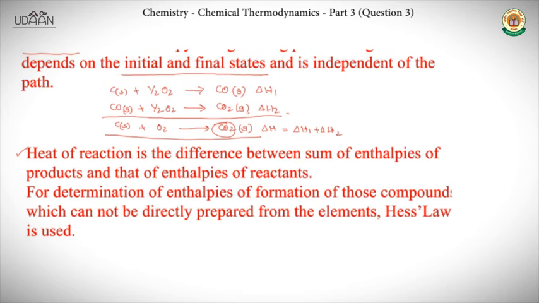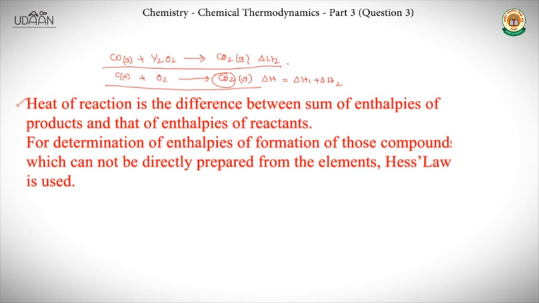In the example we considered, carbon dioxide can be directly formed from solid carbon and oxygen. There will be some compounds which cannot be directly formed from the constituent elements. In those cases we can use Hess's law and find the heat of formation of that compound.